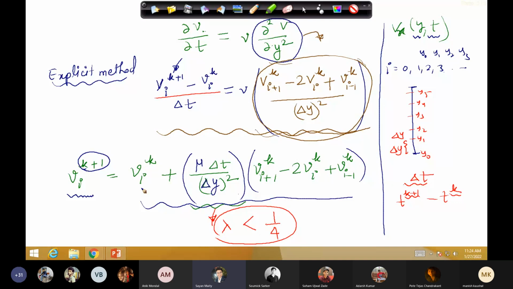Don't get confused with boundary condition and initial condition; that's why every time I am emphasizing this. When I say the whole domain, you are considering all y's. So it is 0. For the first time step, k equal to 1, all V i are 0.